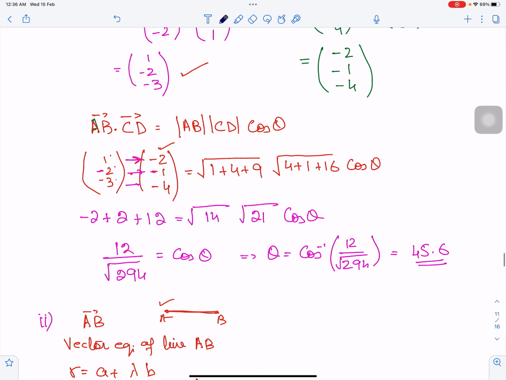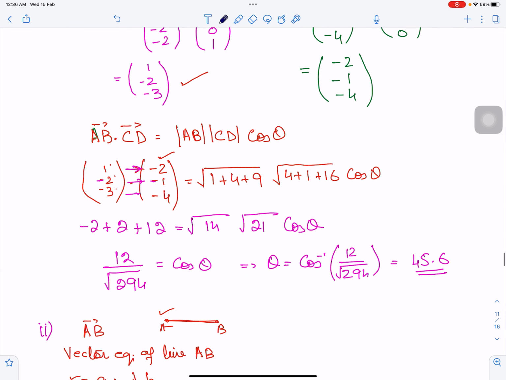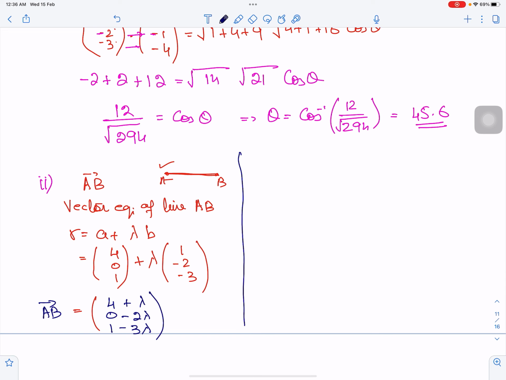Now I will find out for CD, okay? So I will use it on this side. Again for the CD equation, first of all I'll find out the vector equation of line CD.